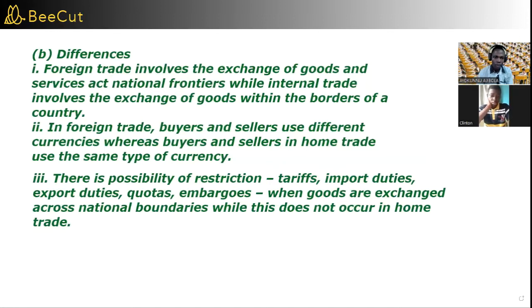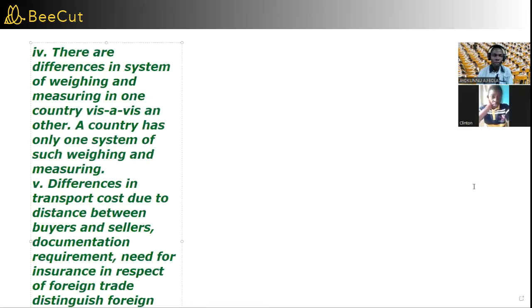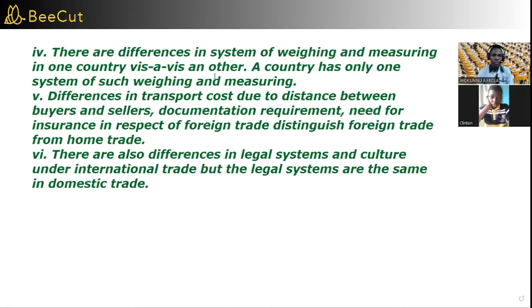And let me look at the remaining differences here as I clear this point first. So, still talking about differences between foreign trade and local trade. There are differences in systems of weighing and measuring in one country when compared with another country. A country has one system of weighing and measuring.